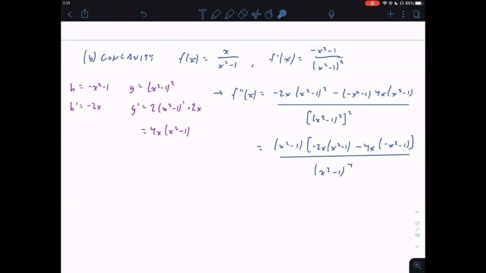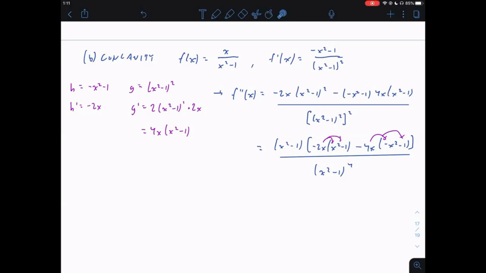Okay, so now what we do is what we have here in the bracket. Now we can distribute this. All right, so now we have a much simpler distribution on the inside here to combine like terms. Also notice on the outside, we have an x squared minus 1. And then what do we have in the bottom? An x squared minus 1 to the 4th power.